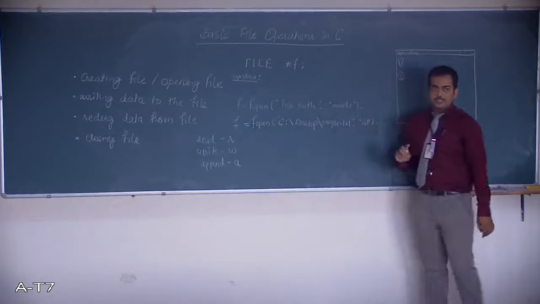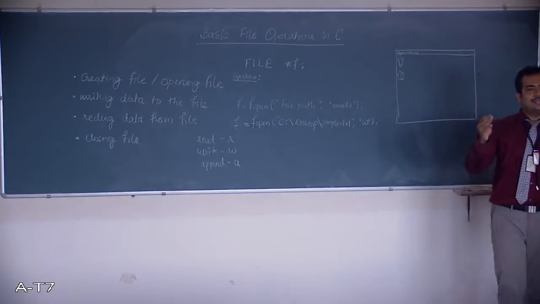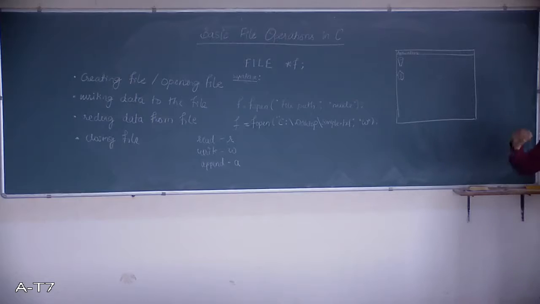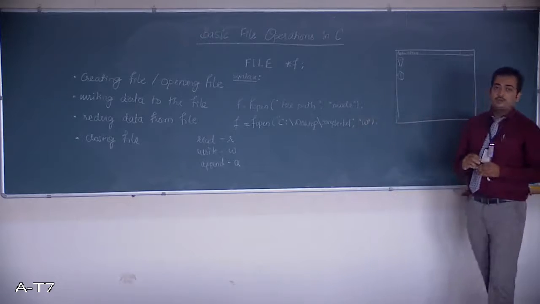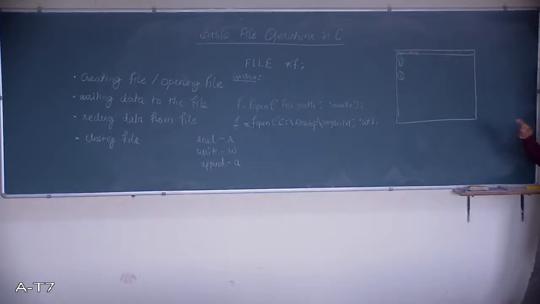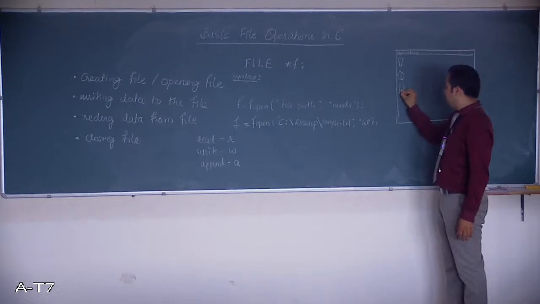So this entire statement is like this: f equals fopen, followed by the path, at the end the name of the file, and then the mode, in which mode you want to open the file. Now when this particular statement is executed, what you see on the desktop is that it will automatically create a file called sample.txt.